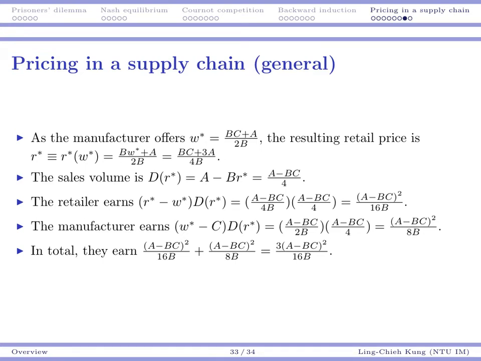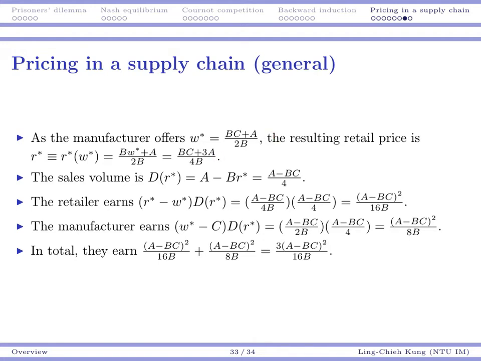Let's continue. In equilibrium, the wholesale price will be this one. So the retail price will be this one, as we can calculate. The qualitative impact of A, B, and C on the retail price is actually the same as that on the wholesale price, because the formula looks very similar.